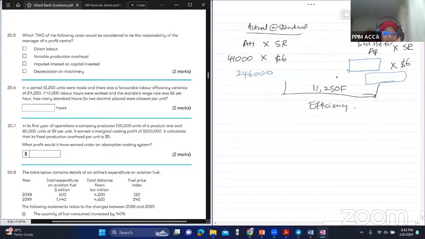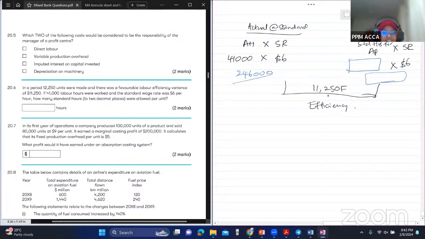Because think about it. Just look at this. We are saying that the efficiency variance is favorable. Favorable means the actual amount that I incurred for labor, because see, this box is only actual, this is all standard. The actual amount that I incurred for labor is 246,000.